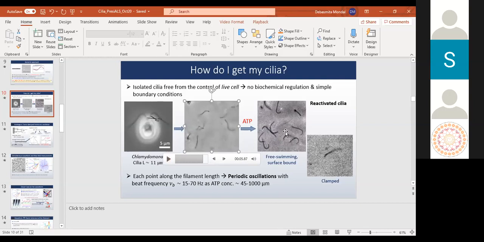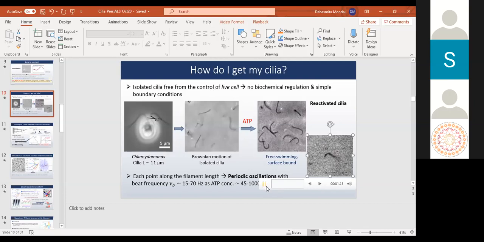After 40 minutes, the ATP is gone and they stop beating. So it's very much replicable, as if on the cell. Looking at the behavior, you're saying that they are similar, so it's fine. Yes. Exactly. So the macroscopic behavior is what you call, and biologists have actually seen that whatever there is in the internal filament, whatever you get here is similar. Even if you see images of an isolated one to that on the cell, it's similar.